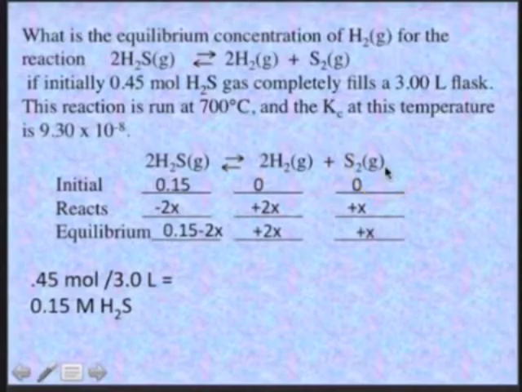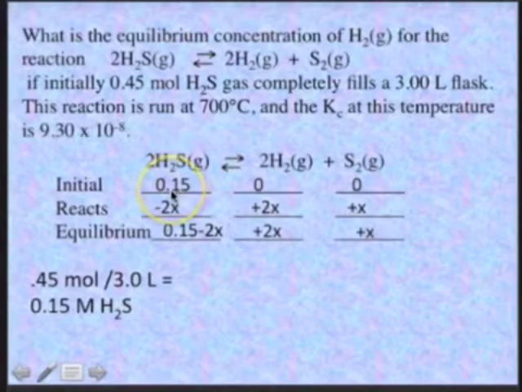Right away we know the reaction has to shift toward the product side because we don't have any product in there. And so in terms of what part of H2S reacts, we use X, an algebraic expression. And we say minus 2X will react of the H2S.